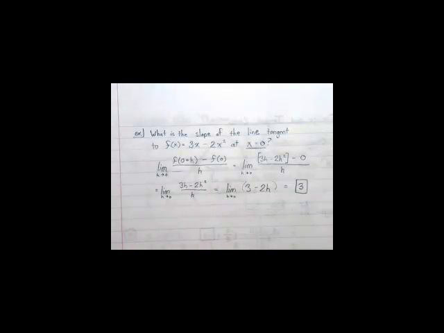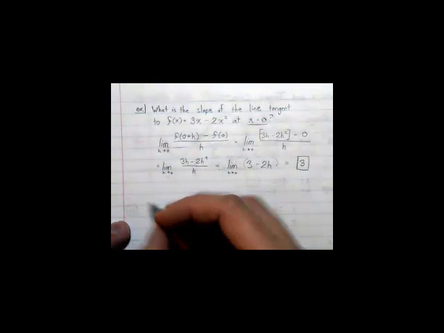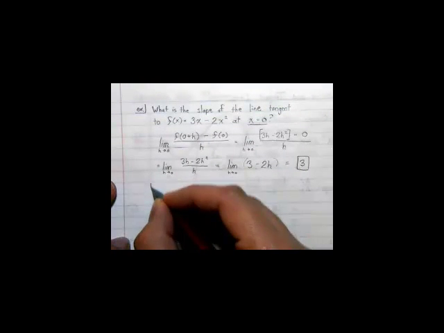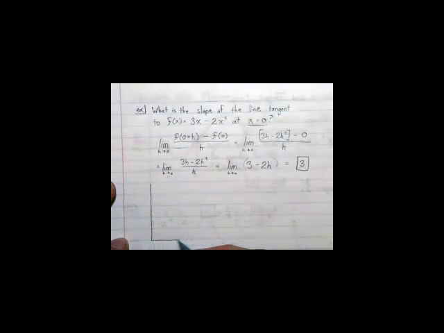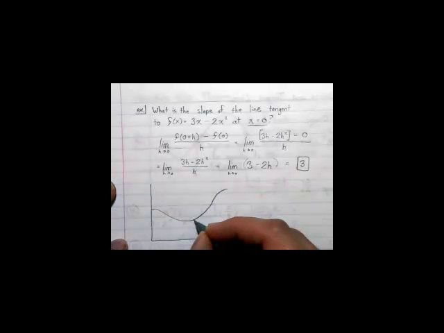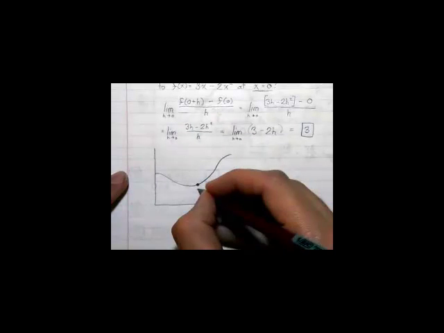So now, can we take it a step further, and can we actually come up with the entire equation of that tangent line? Because it's a line, right? And all lines have equations. So let's see if we can do it. So if we have some curve, okay, and let's say we're looking for the tangent at this particular point right here.